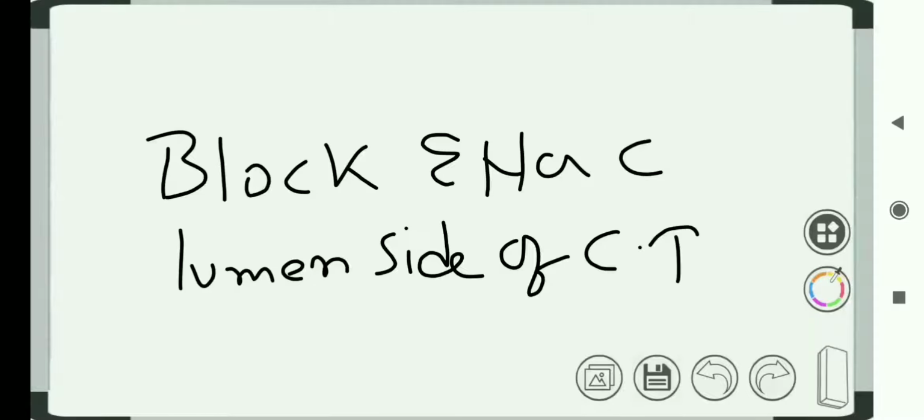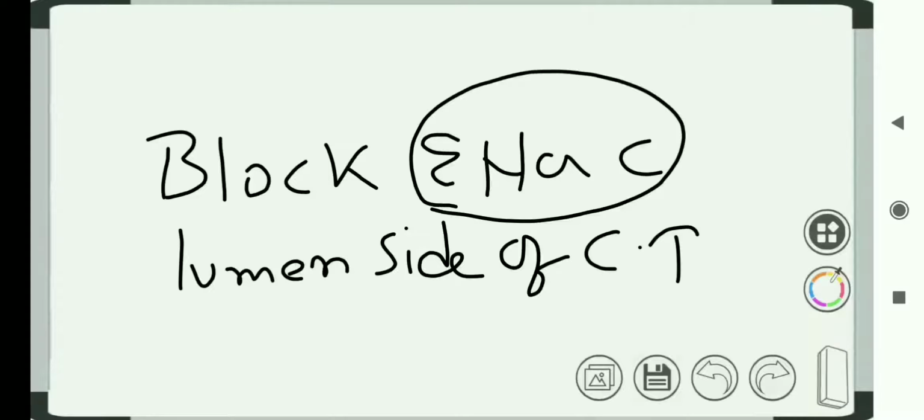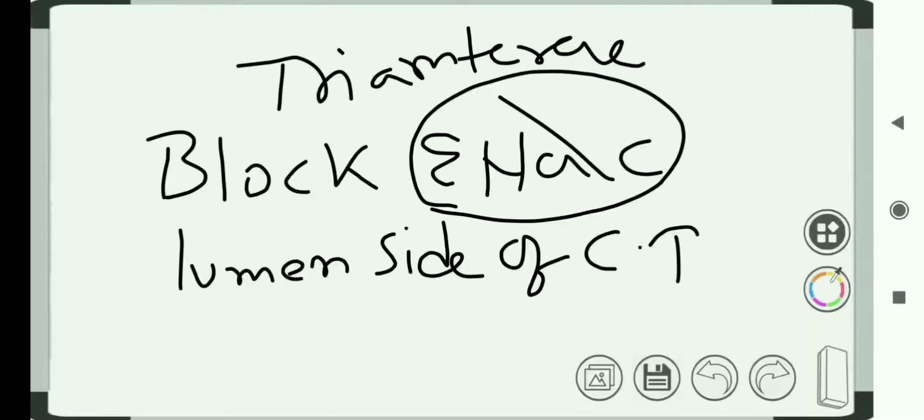So this is the position of your epithelial sodium channel. Triamterene goes and acts on this and inhibits its action by blocking its mechanism.